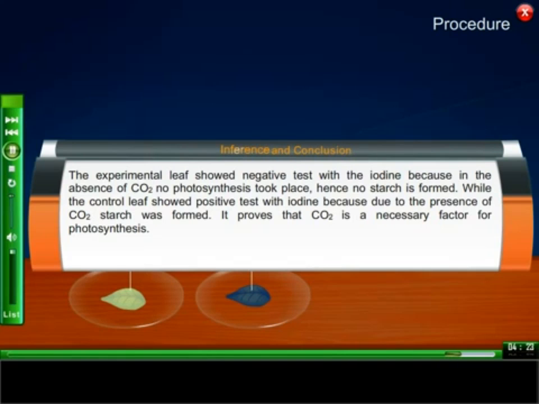Hence, no starch is formed. While the control leaf showed a positive test with iodine because, due to the presence of carbon dioxide, starch was formed. It proves that carbon dioxide is a necessary factor for photosynthesis.